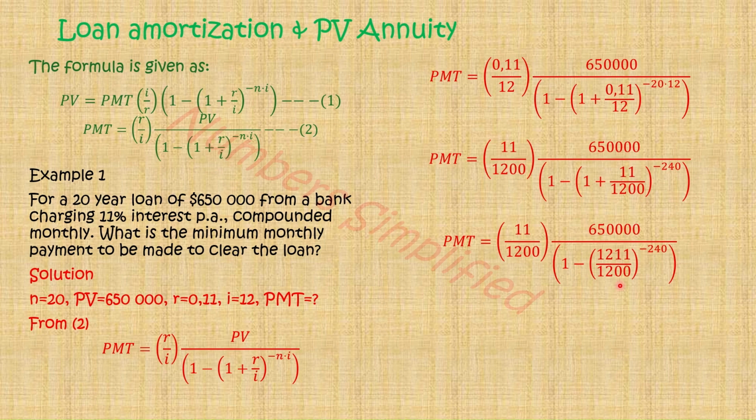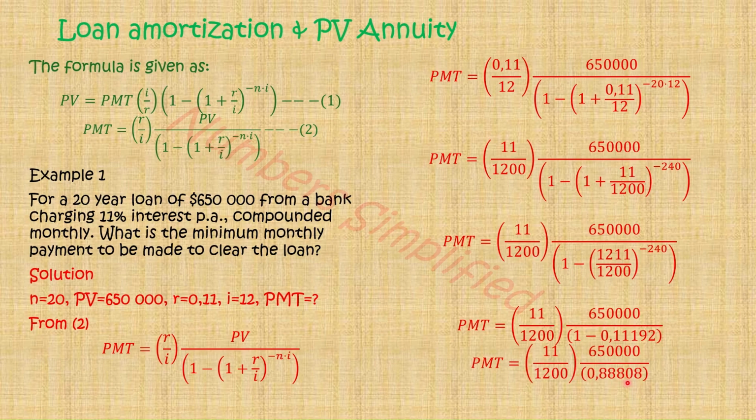So 4 or 5 decimal places is sufficient. Simplifying that, we get 0.11192 in the denominator. And subtracting, we have 0.88808, that is when we subtract 0.11192 from 1.